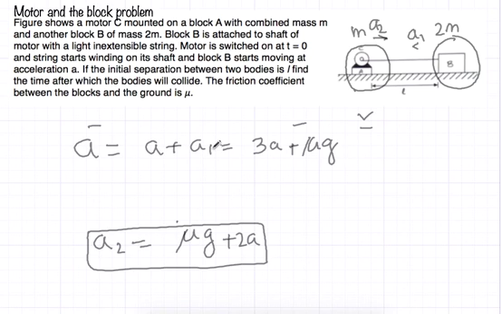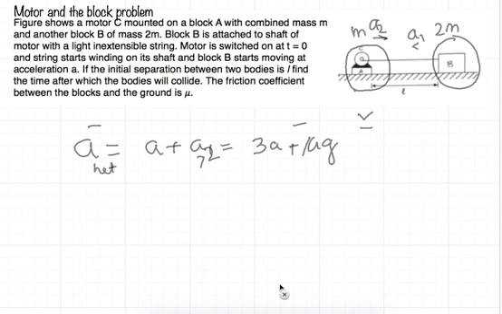We called it a2, so we are replacing a2 by mu g plus 2a. So the net acceleration or relative acceleration, whatever you like to call it, is nothing but 3a plus mu g.